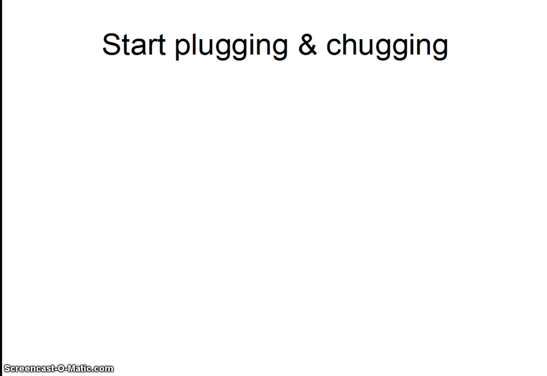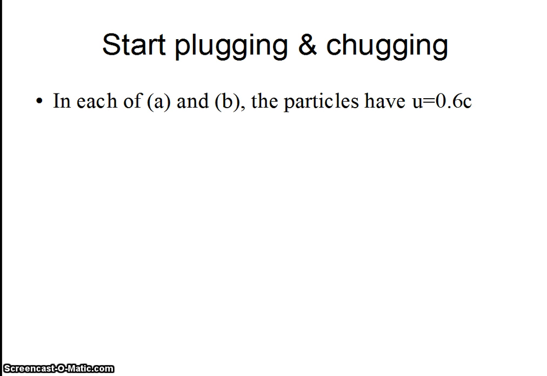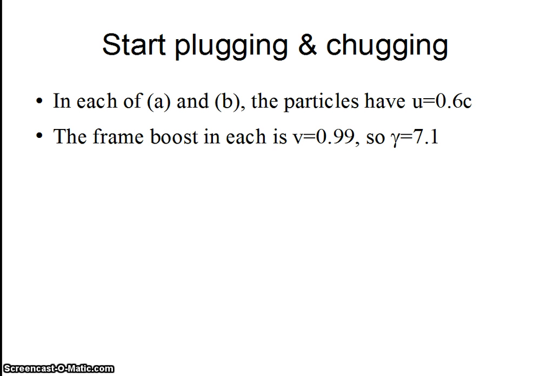Now I'm pretty much ready to jump in and start doing things, at least for parts A and B. The particles have, as I stated, the same speed all the time. The frame boost in each, I shouldn't really say is, but corresponds to a speed of 0.99 times the speed of light.